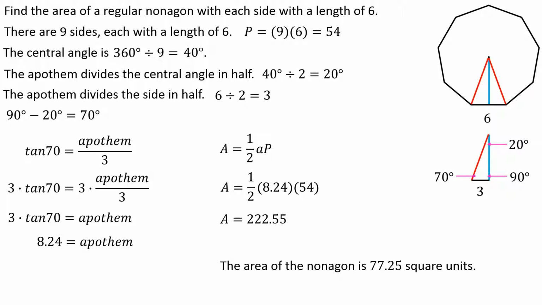And we got a copy and paste error, right? The area should be 222.55. I think that 77.25 was from the previous example. Egads. Got to fix this PowerPoint also. But yeah, the answer should be 222.55 square units.